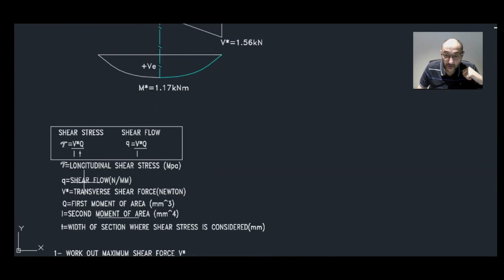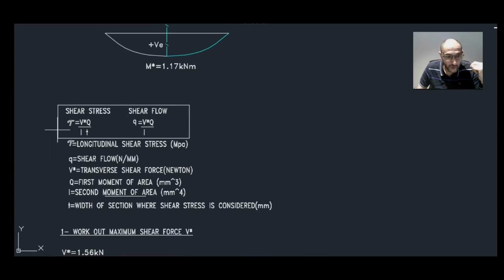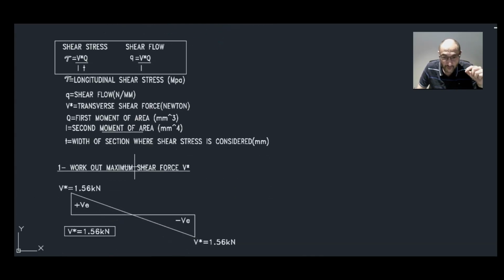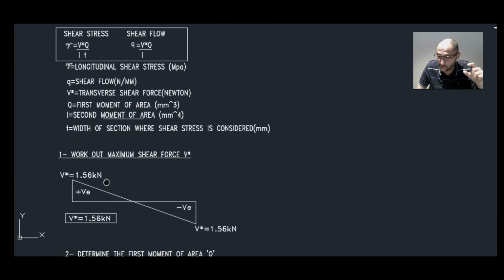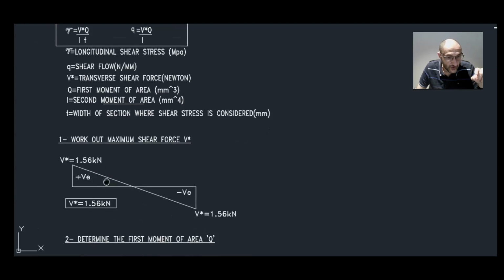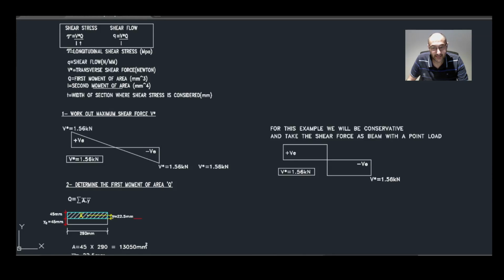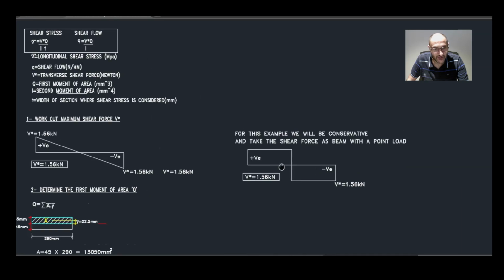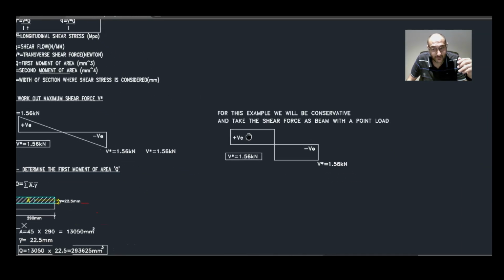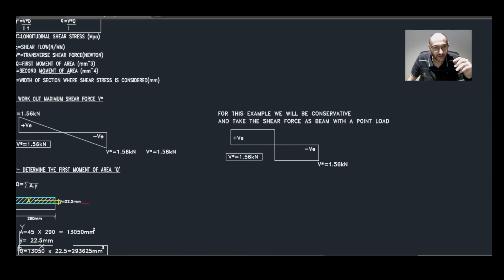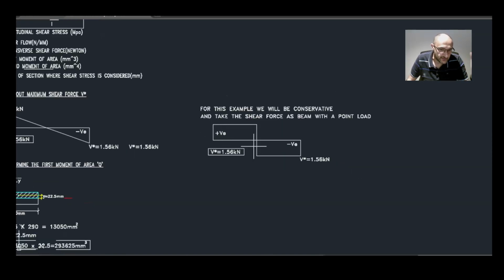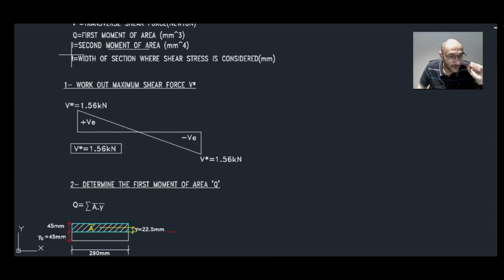Now if you remember, we have two main formulas we need to use for the shear stress and the shear flow. The first step is to work out the shear force, which we have already done, and that was 1.56 kilonewton. For this example, we will be conservative and assume that the shear force is constant through the beam, such that there is a point load in the middle instead of having a UDL.